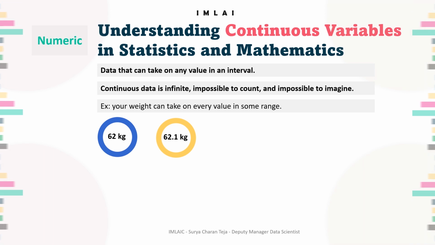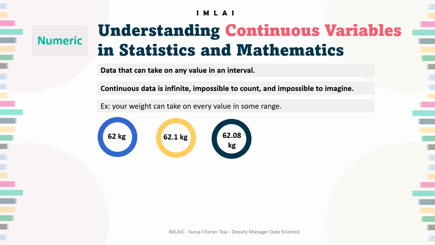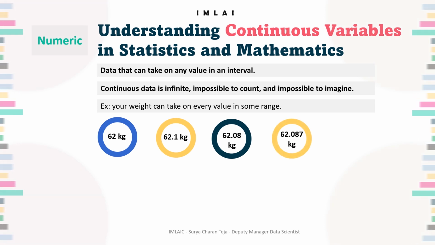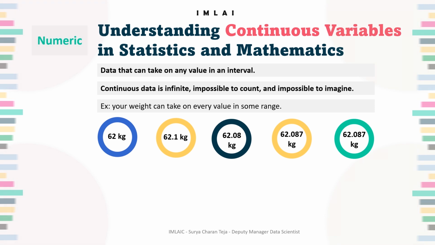Okay. So I'm going for better than this. There it may show 62.08 kg. And if I use a very accurate one, 62.087 kg, and so on, it goes on to the n number of decimals. So that's why if I take just the 62 to 70, based on the accuracy of your weighing machine, your weight keeps on changing.